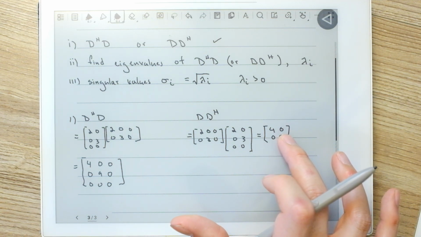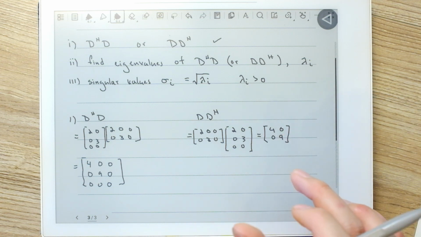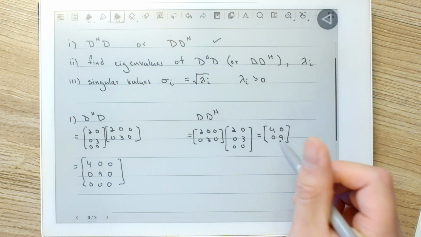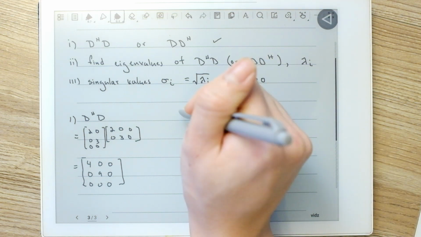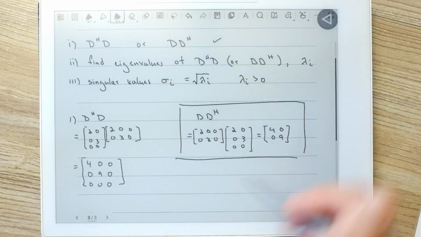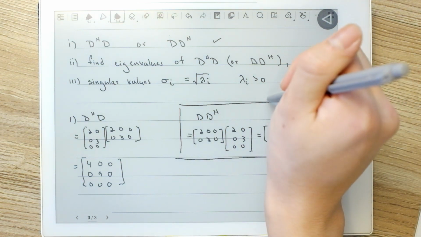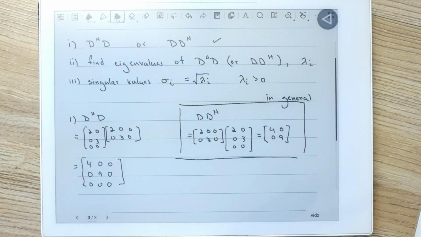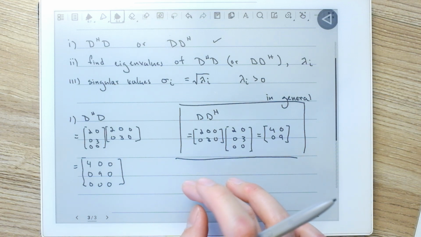And so in general, we would want to find the smaller matrix. That would ease up our calculations. But in our case, both these matrices are fairly similar, and in fact, it's immediately apparent what the eigenvalues of these matrices are.